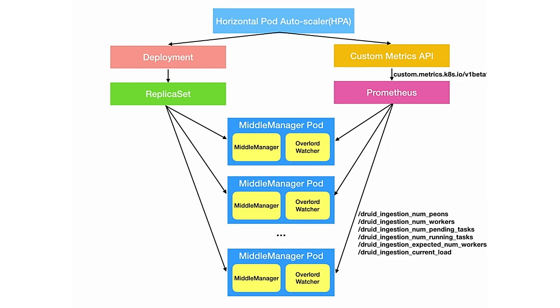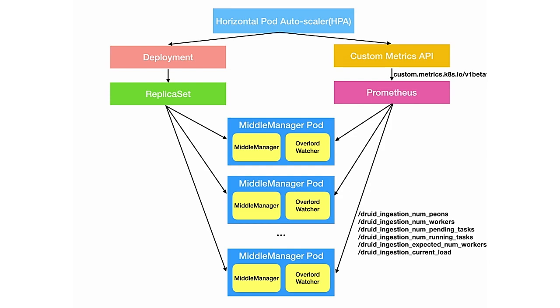HPA is implemented as a control loop that periodically queries the resource metrics API for core metrics like CPU or memory, and the custom metrics API for application-specific metrics. In order to scale based on custom metrics, we need two components.